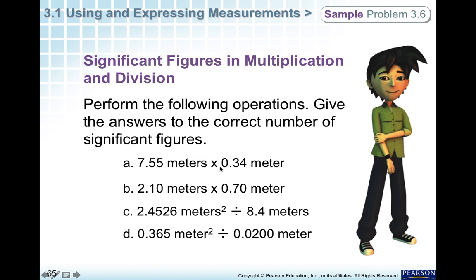And so my answer could only have 2 significant figures. You multiply it as normal, but then you're going to round to 2 significant figures. For B, also 2 significant figures. C, I'm going to round to 2 significant figures. And D, I'm going to round to 3 significant figures.